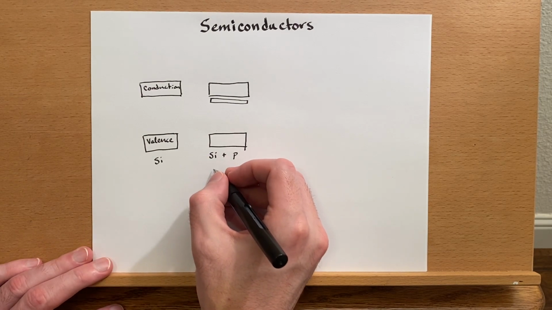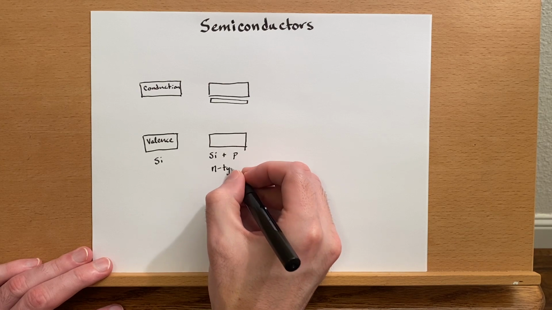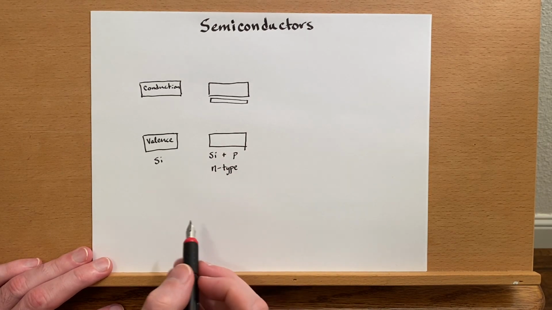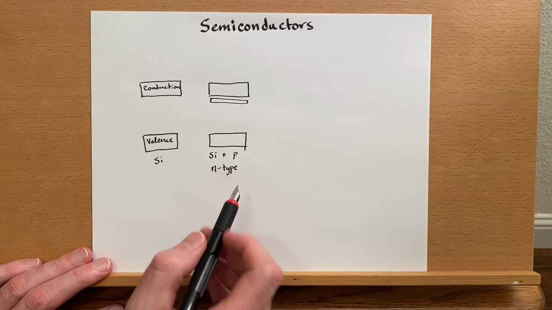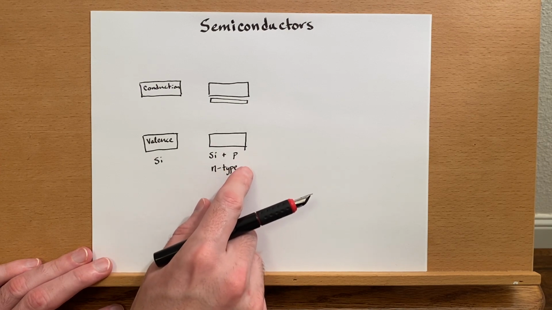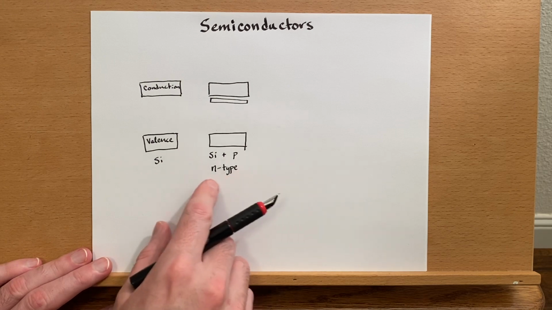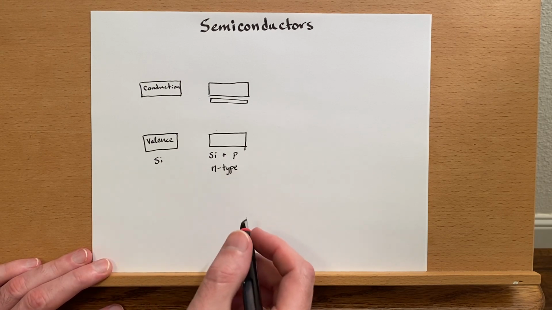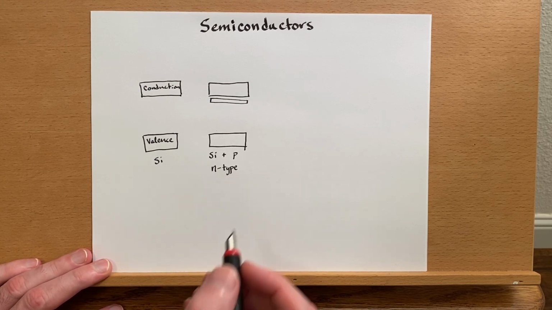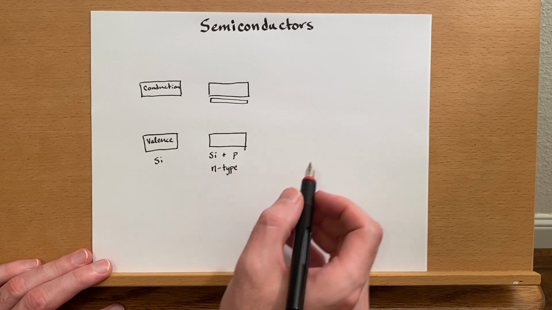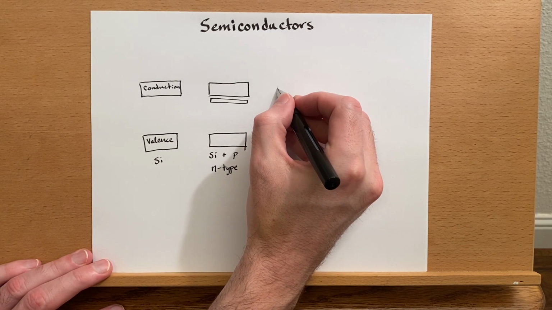This is called an N type. So N type adds additional electrons, which is negative, so that's how I remember what's N type and what's P type.